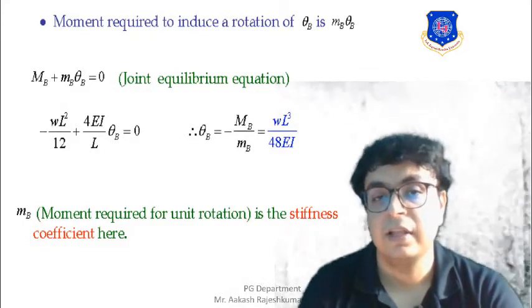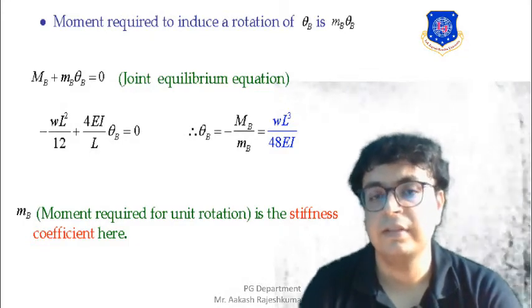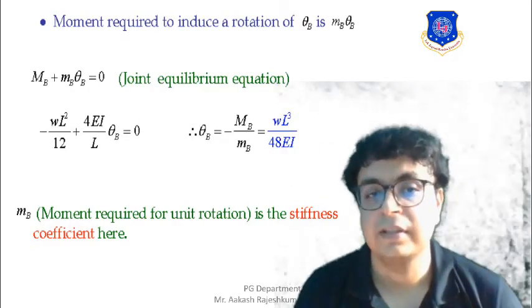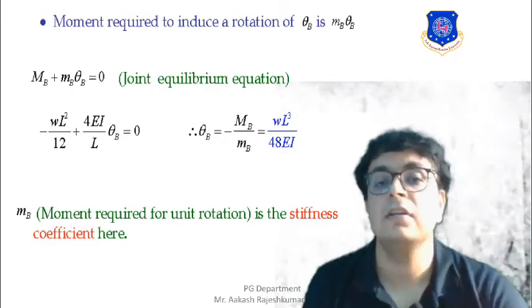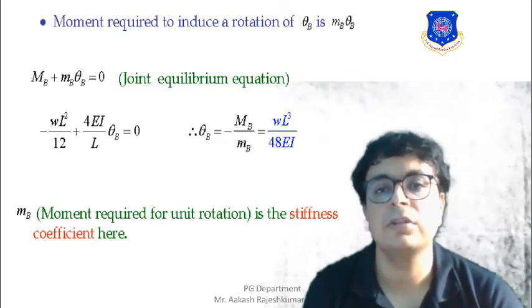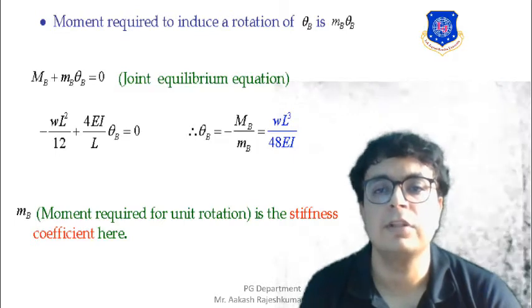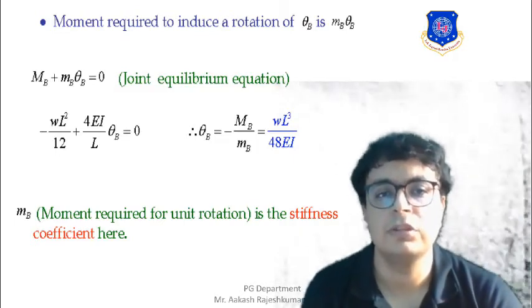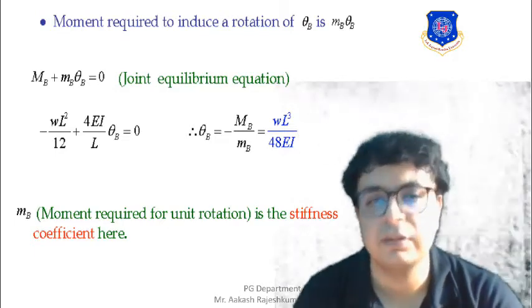In this way, after fixing the fixed end or releasing the hinged end, the following condition will be obtained. Ultimately, we will be inducing the rotation theta B, so that MB plus small mb theta B is equal to 0, meaning ultimately our joint will be in equilibrium.